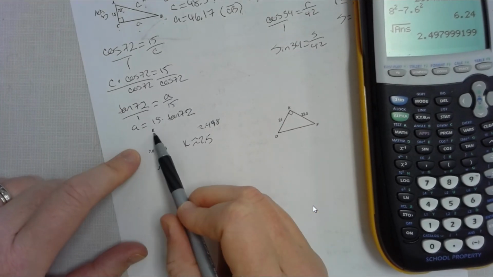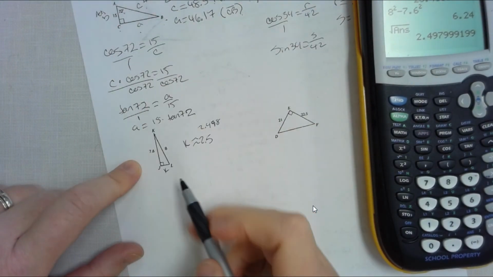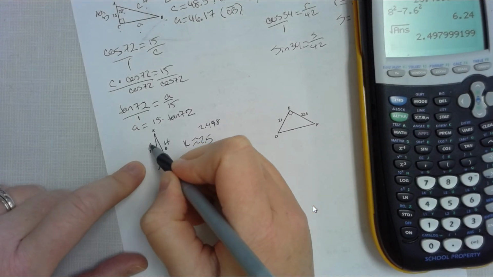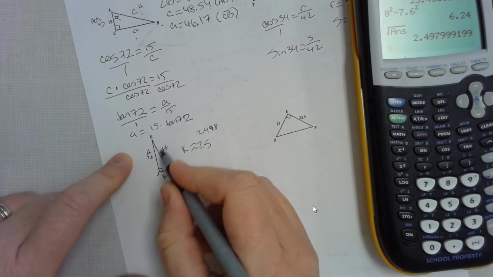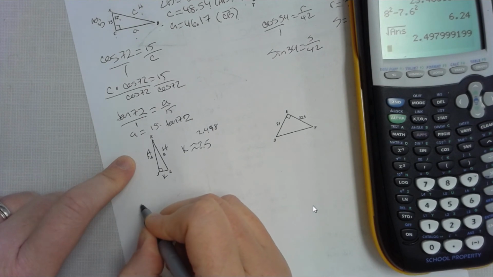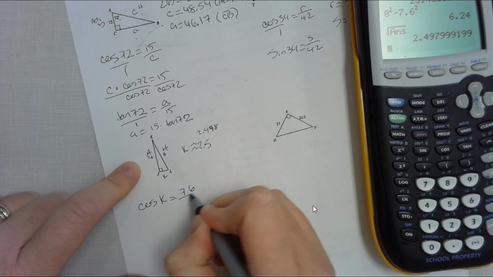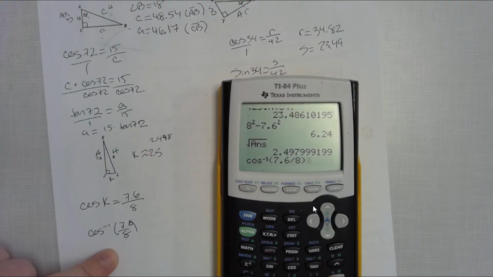So to find angle k, I'm going to go ahead and use the actual numbers that were given. This is your hypotenuse, and this would be called my adjacent. So a and h would be cosine of k equals a over h. To find angle k, you're going to be doing cosine inverse of that fraction. So that's when you do that second cosine button in your calculator, 7.6 divided by 8.